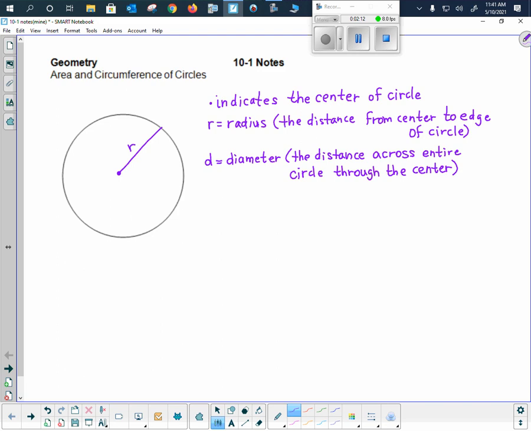So if we come to the picture and we go all the way across, this would be d.